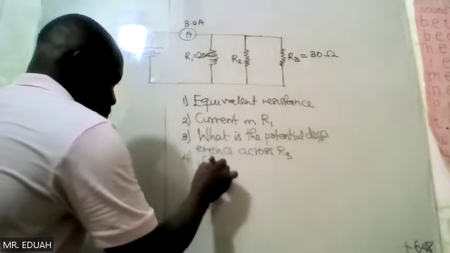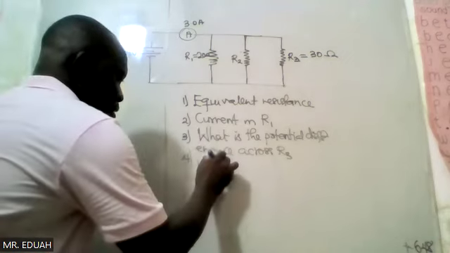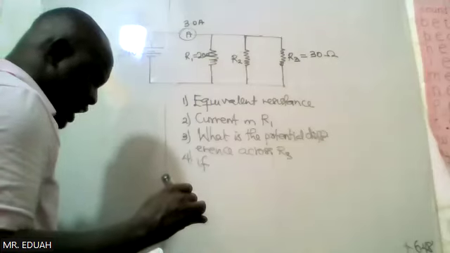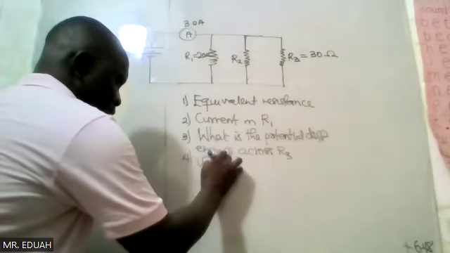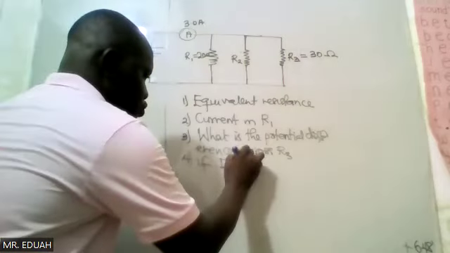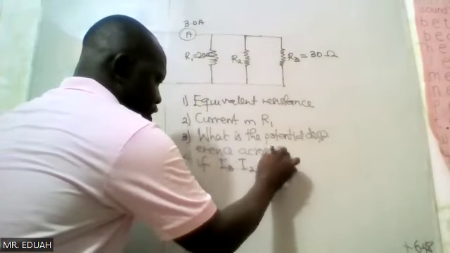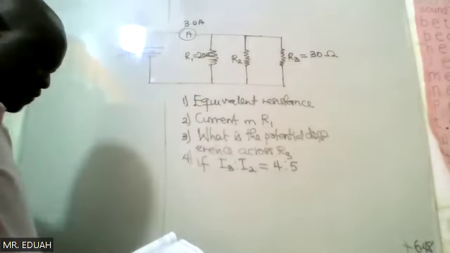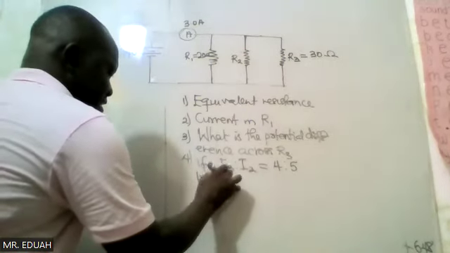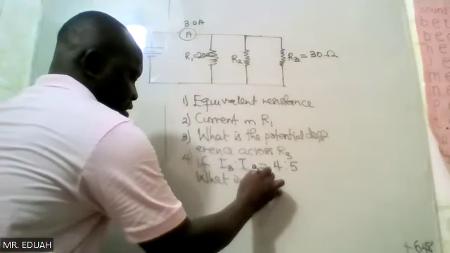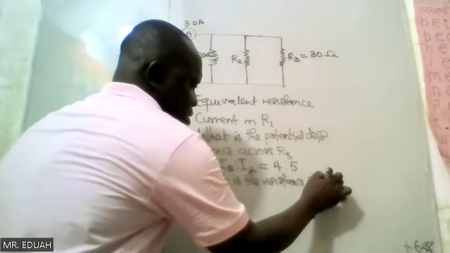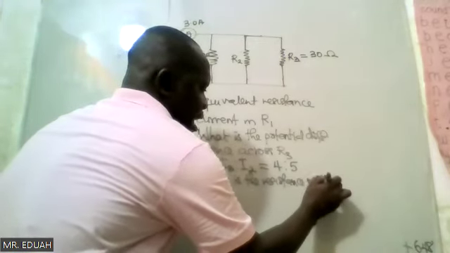If the ratio of the current in R3, so I3, is to I2 equal to 4:5, what is the resistance of R2?